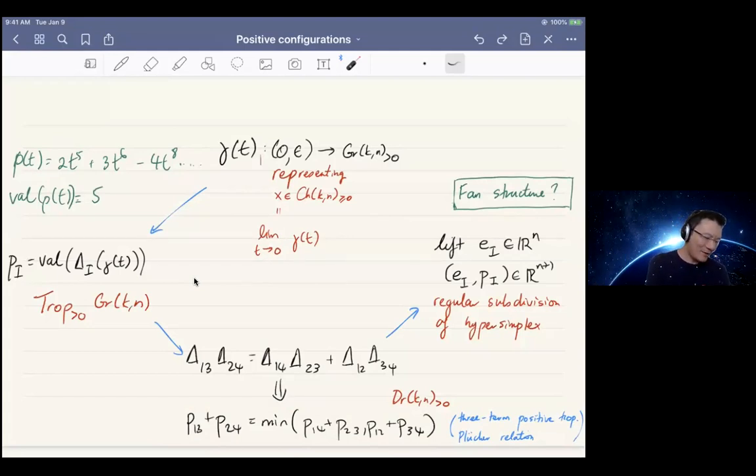If you have a collection of integers p sub I that satisfy the analog of this relation, then these things live in the positive Dressian. The notation is Dr k n greater than 0.